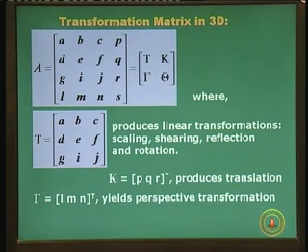It yields a perspective transformation, although you can visualize this to be a column vector, but typically it is the first 3 elements of the last row of A. They are responsible for yielding the perspective transformation, so they are the parameters of perspective geometry. We will see that as we go along.